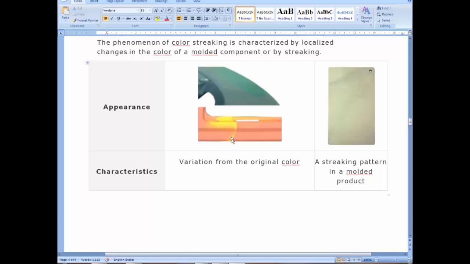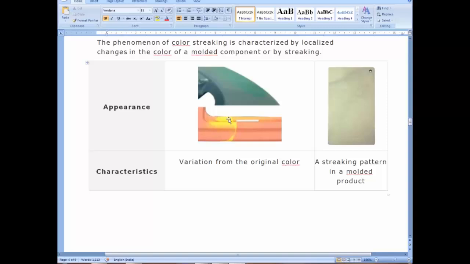It will be looking odd, and one can easily find out that there is some fault. So when we are going to use color, we should always keep in mind that the color should be mixed up with the molten plastic uniformly.